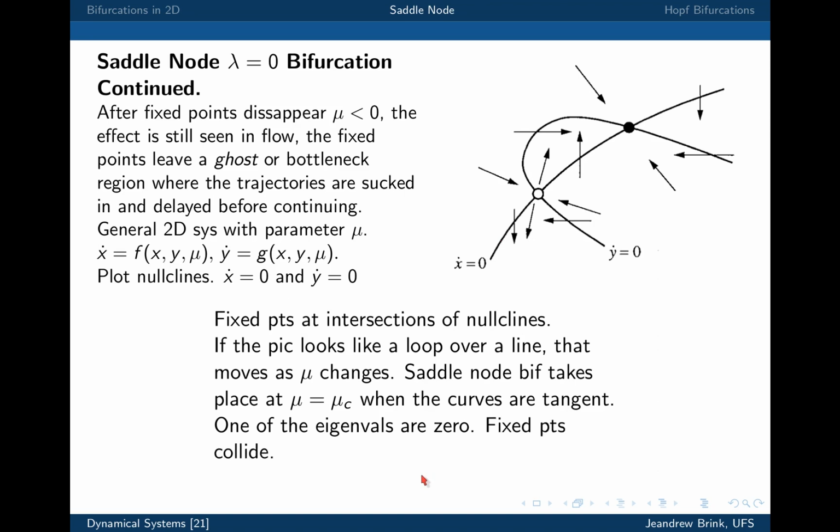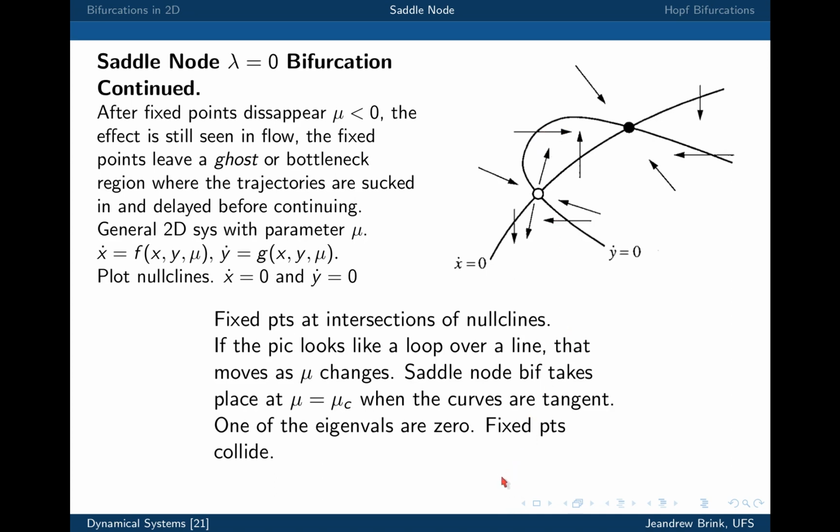Okay. So what happens there then, these fixed points collide. So for example, you're moving this line outwards, these two move towards each other, and just as in the very simple example on the previous page, we showed that when they reach that point, so when the y dot equals 0 loop is pulled completely to the right, you're going to have that this curve is tangent to that one, and that's when your bifurcation point is going to take place.